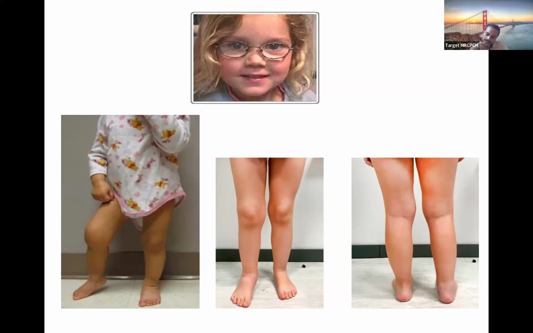And then ask whether the child looks well grown for age, for the nutrition status, and look for any signs of dysmorphism, which doesn't seem to be here in this child.